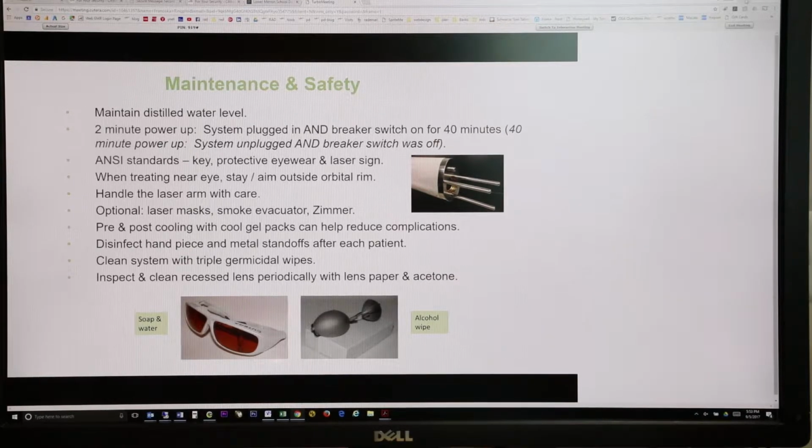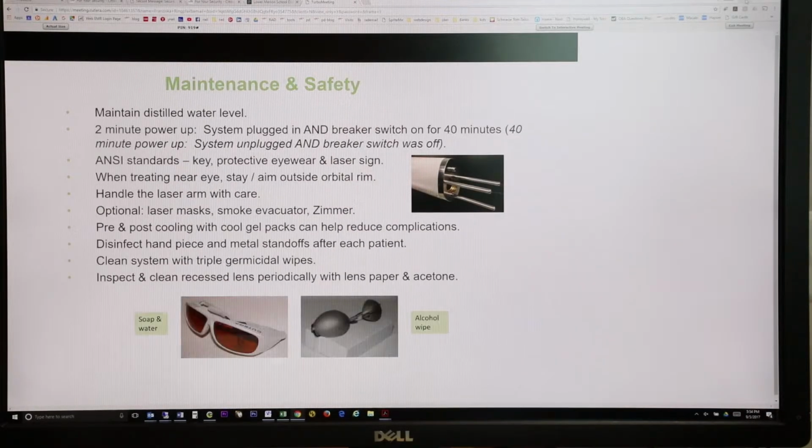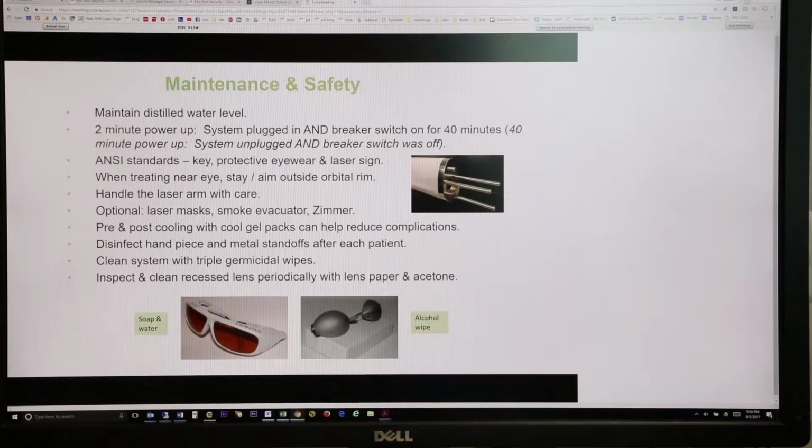So I'm sure you've been using your PicoSure on the face, and just like with them, we have to stay away from the eye, stay on the bone, and use the proper eyewear. The laser arm is an articulated arm with mirrors directing the free beam. Loretta will show you how to manipulate and move that arm into different positions that are most comfortable for your treatments.